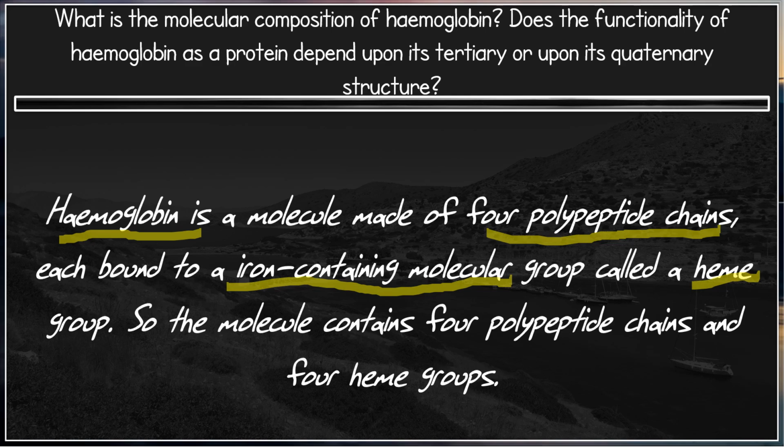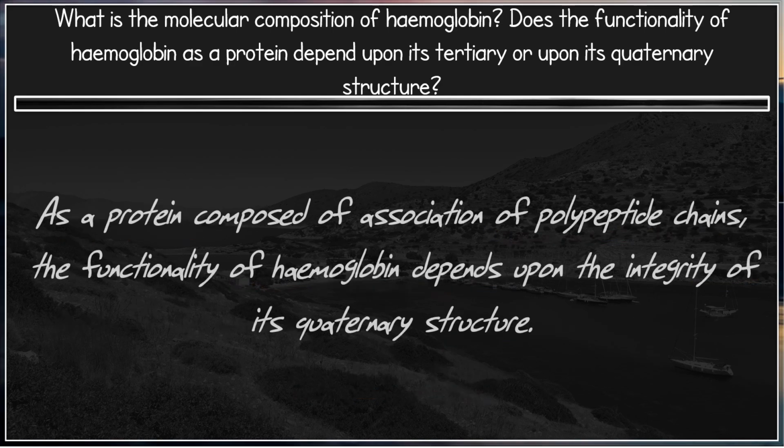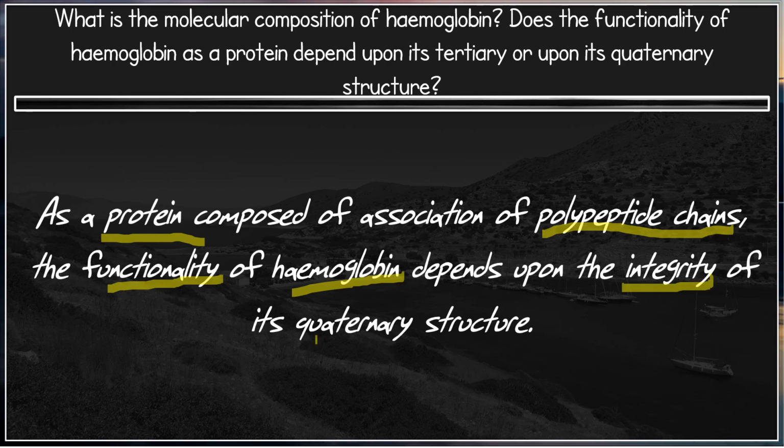So the molecule contains 4 polypeptide chains and 4 hemes. As a protein composed of association of polypeptide chains, the functionality of hemoglobin depends upon the integrity of its quaternary structure.